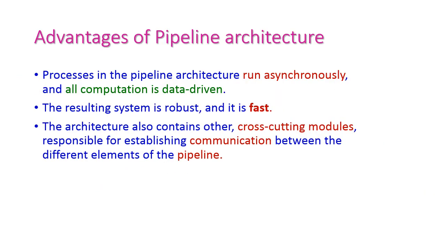The advantage of pipeline architecture is that it runs asynchronously, that means all the layers are independent of each other and all computation is data driven, that is, the data pipe will be connected to all the layers, right? Hence it is a very fast architecture.